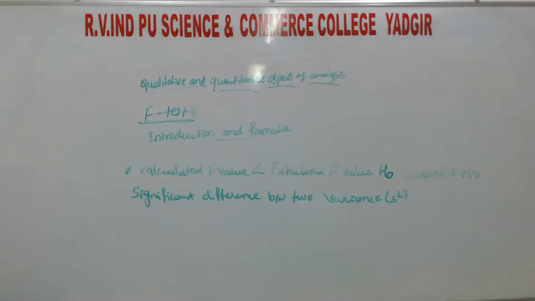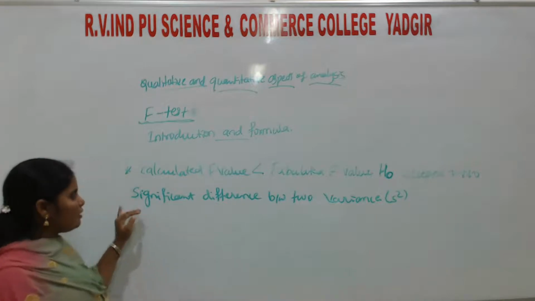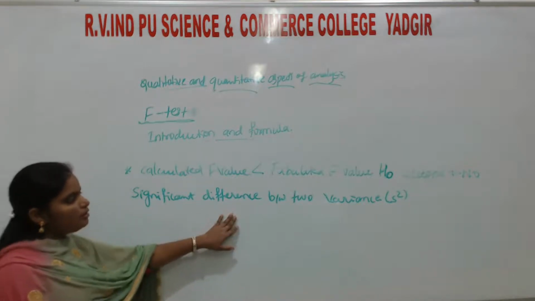In this F test method, when the calculated F value is less than the tabulated F value, the null hypothesis is accepted, and there is no significant difference between the two variances.